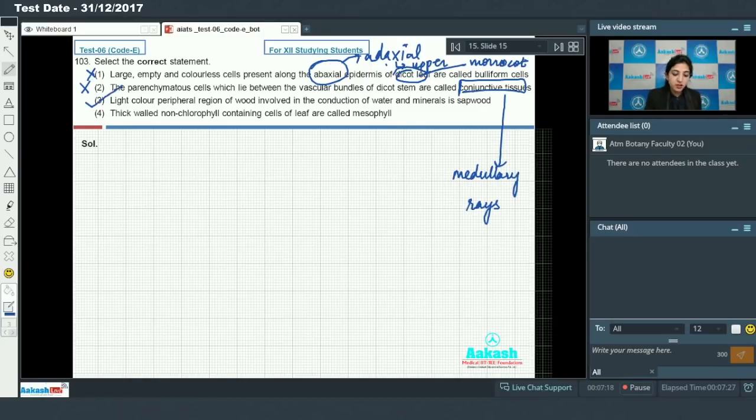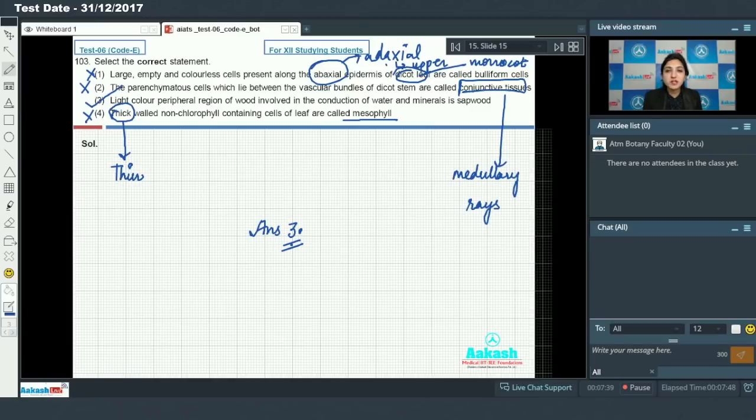This is very true. Thick walled non-chlorophyll containing cells of leaf are called mesophyll. This is incorrect. Mesophyll cells are thin walled. So by this, the answer to this question is option number 3.